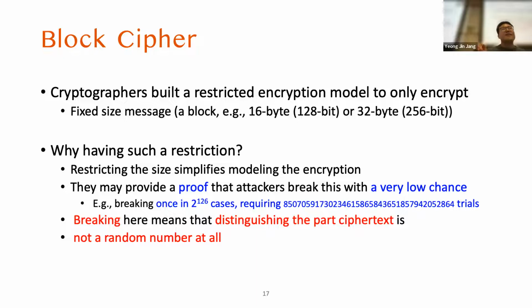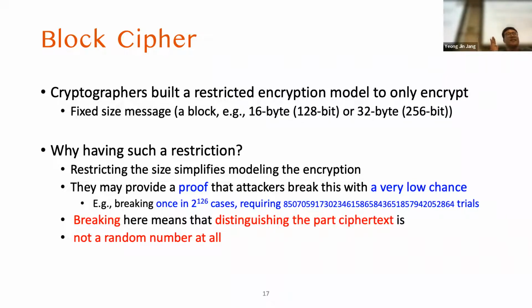Perfect secrecy means that attackers should never be able to distinguish a ciphertext from a random number. That's good, but that's too strong, and practically infeasible without a key of the same length as the message. In this case, we do not have that kind of guarantee.